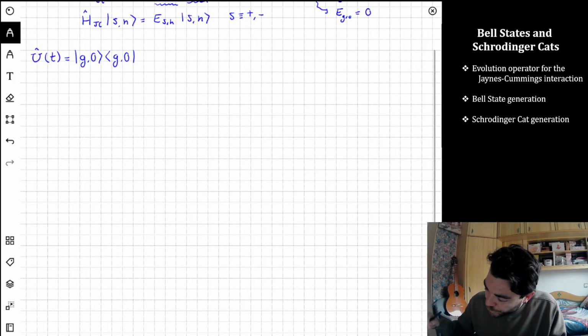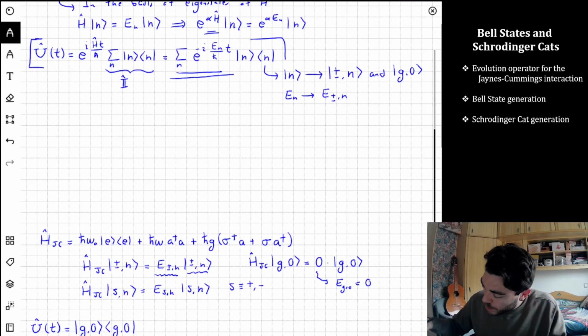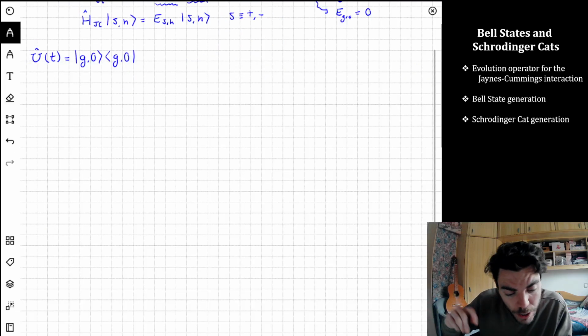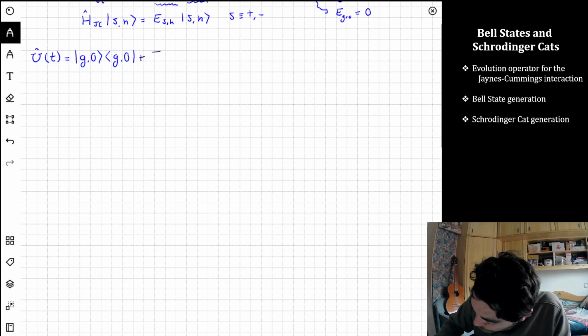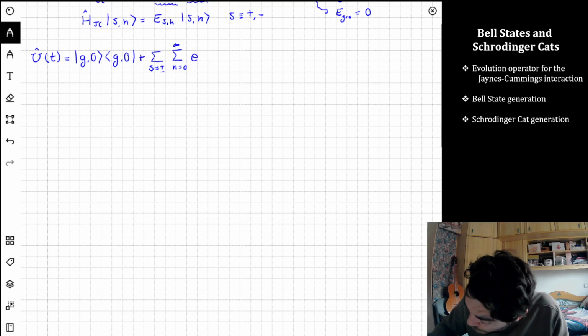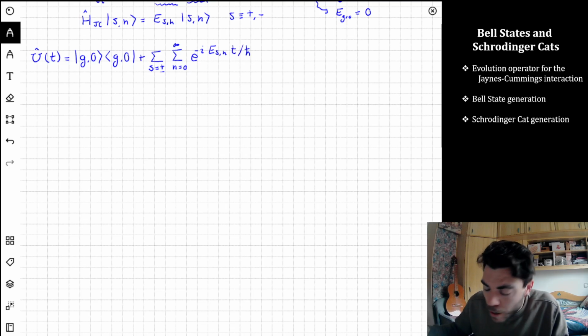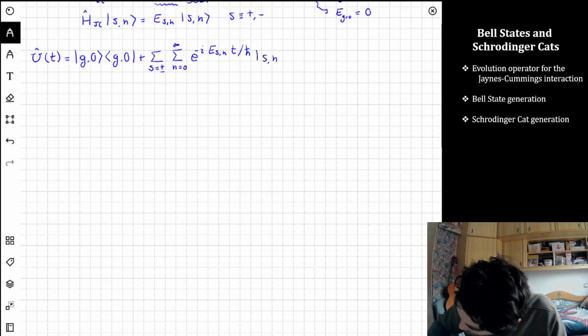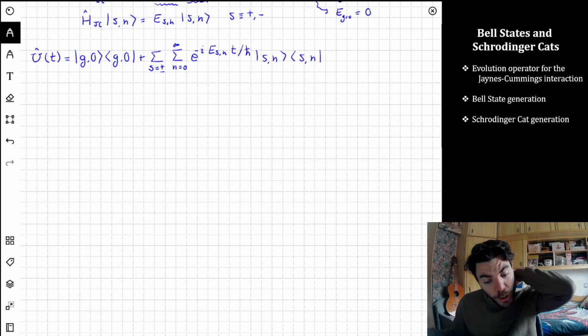Okay, so it's G0 G0, this projector, and then now the sum over s, where s can only be plus or minus, and now the sum over this natural number n from 0 to infinity of e to the minus i, the energy s n times time divided by h bar, and then the projector s n of the dressed state. This is the evolution operator of this system.